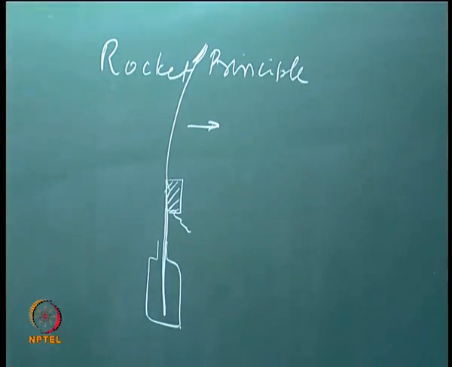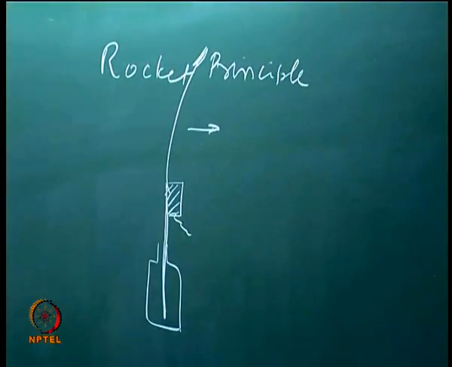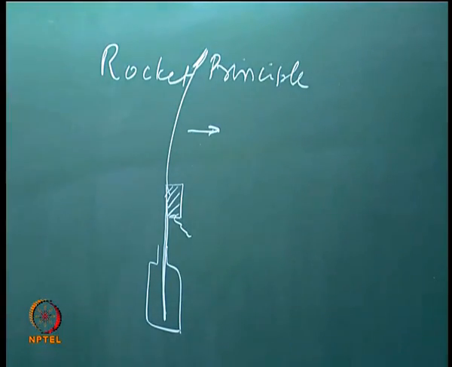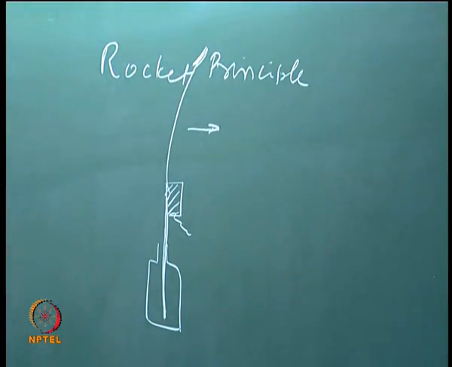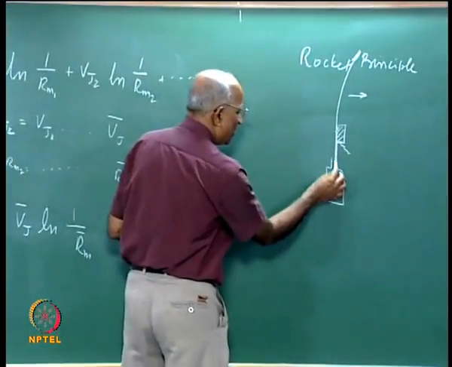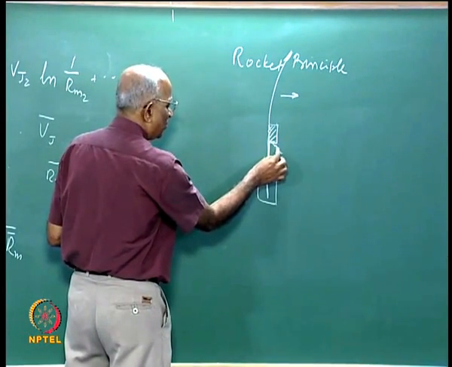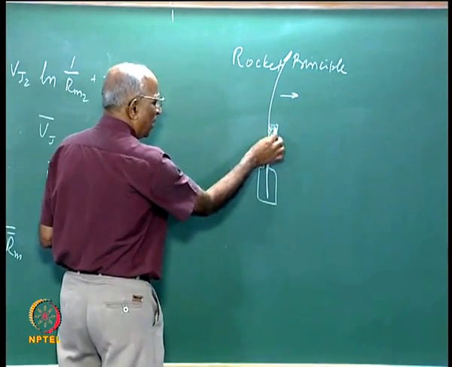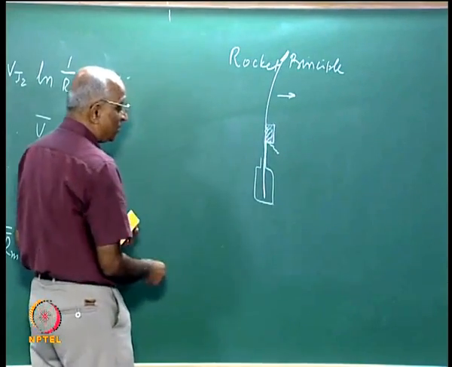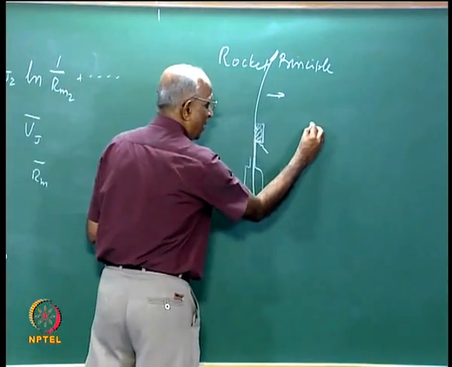Supposing I want to write the equation for this one, it should be the same equation, right. Therefore, here also I should say the initial mass of the rocket will include the stick, the paper which binds it together, and the mass of the gunpowder, or let us say black powder, which is available. That is the initial mass.